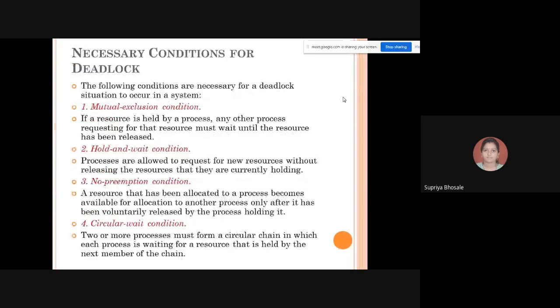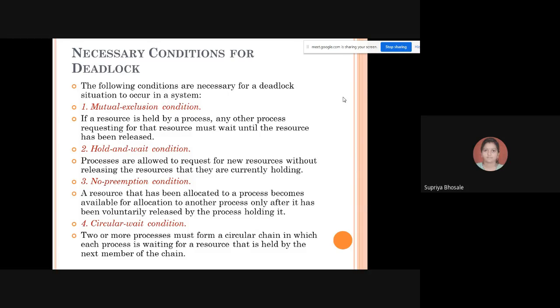So for this, what are the different necessary conditions? The first is the mutual exclusion condition. If a resource is held by a process, any other process requesting that resource must wait until the resource has been released, जसे की आता म्युच्युअल एक्सक्लुजनच्या अल्गोरिदम मध्ये बघितलं त्या पद्धतीनं.